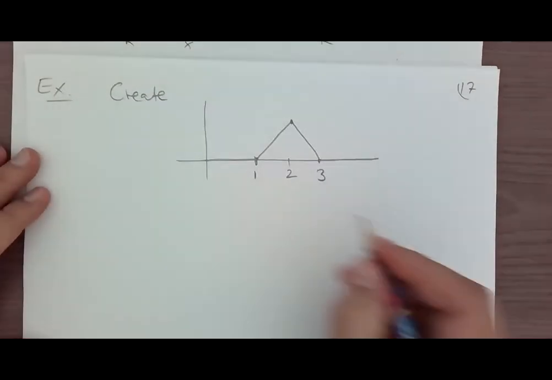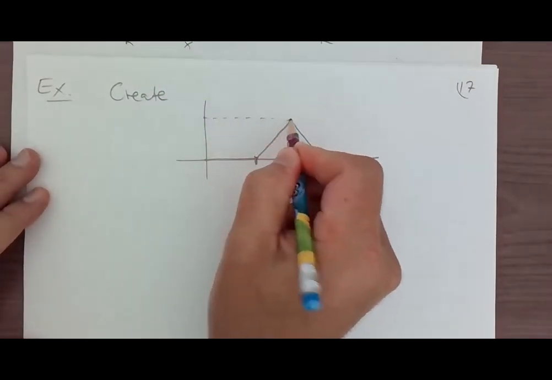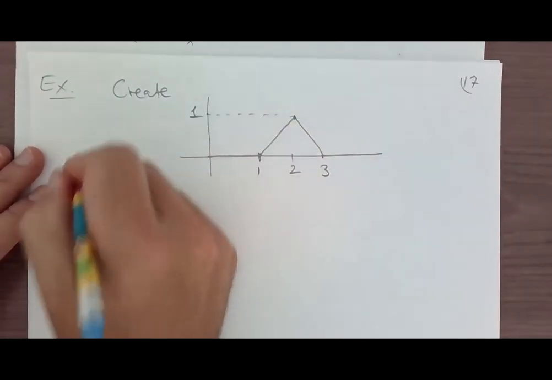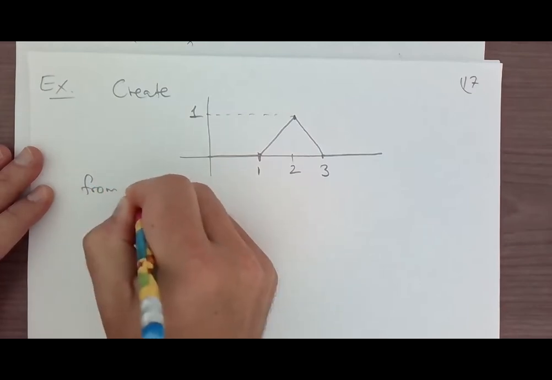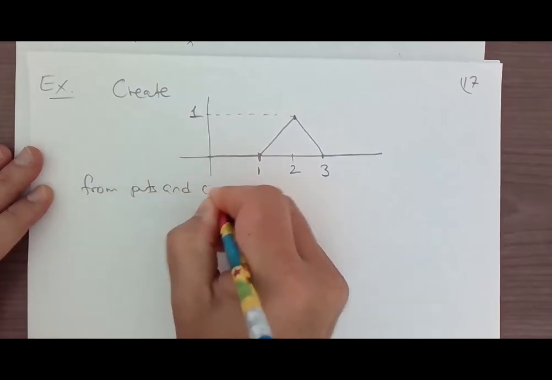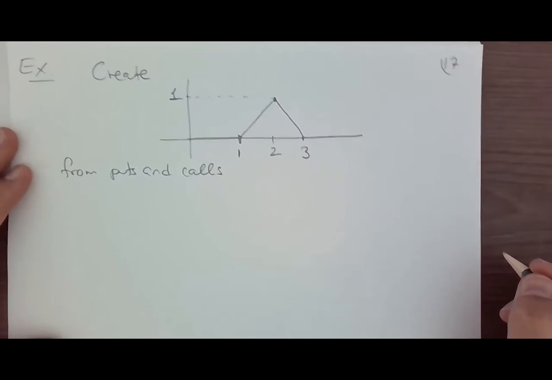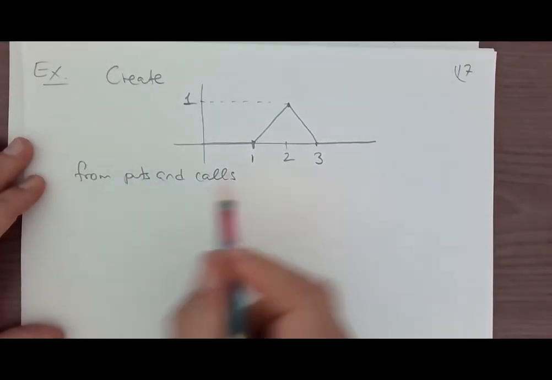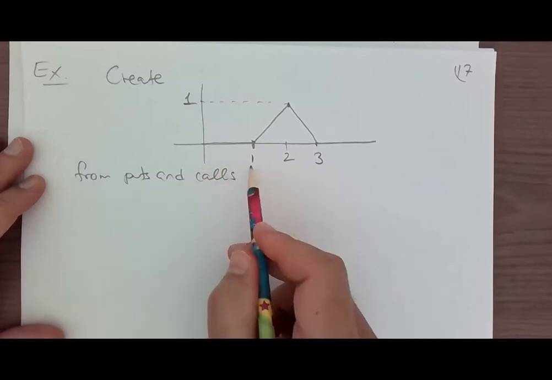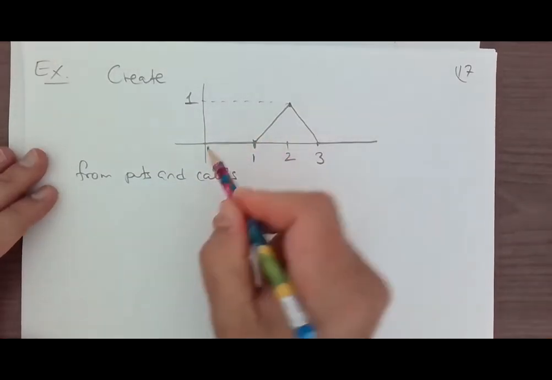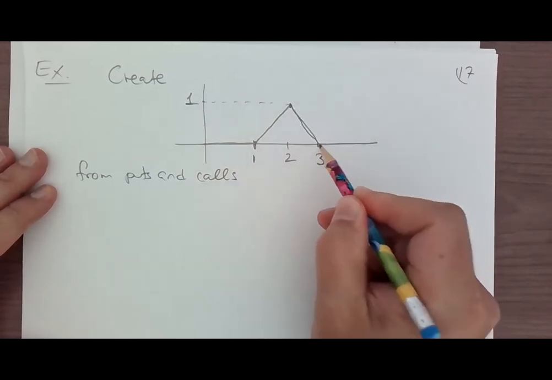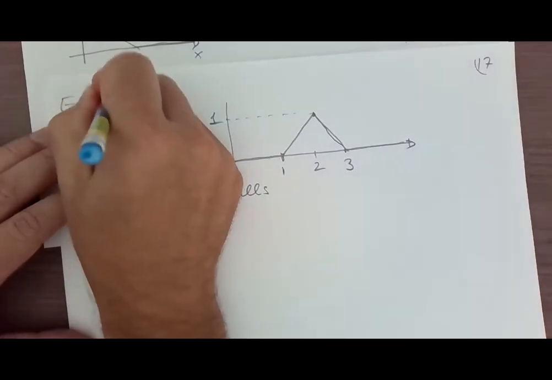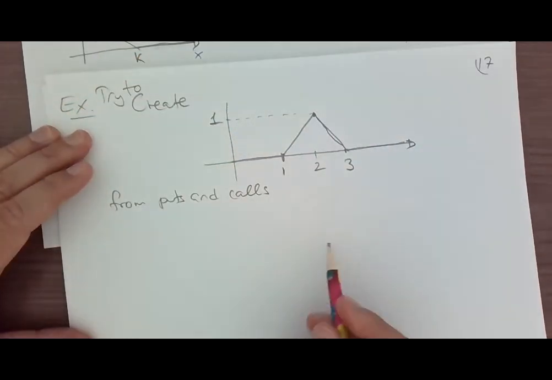I create this payoff from puts and calls. How many puts are you going to buy at what strikes? How many calls are you going to be buying and selling at what strikes to create this particular payoff? So try to create this payoff from puts and calls.